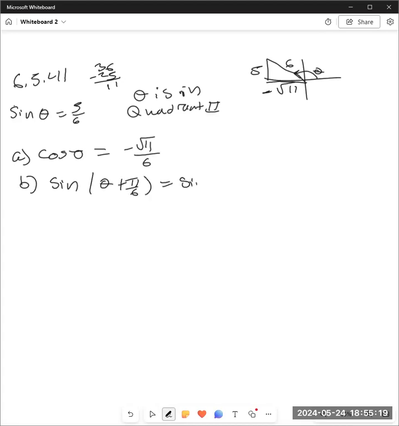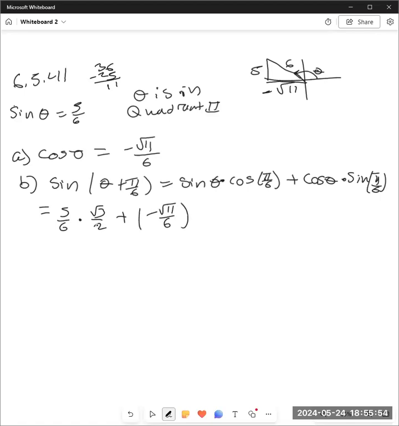So that will be sine theta cosine pi/6 plus cosine theta times sine of pi/6, which is equal to 5/6 times root 3/2 plus negative root 11/6 times 1/2.